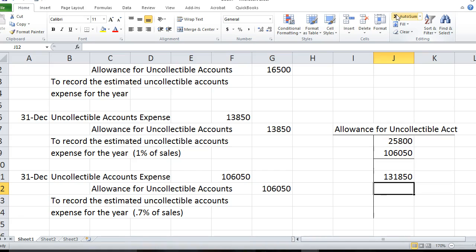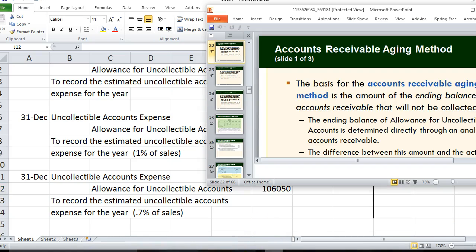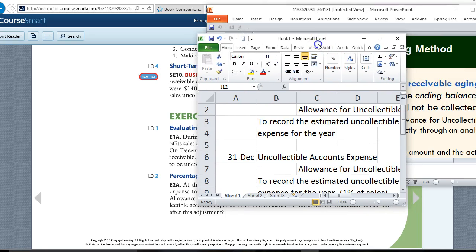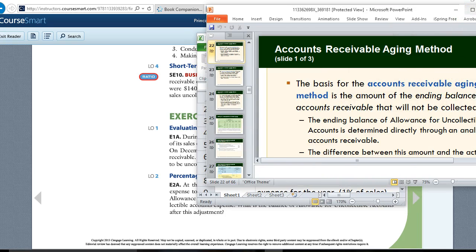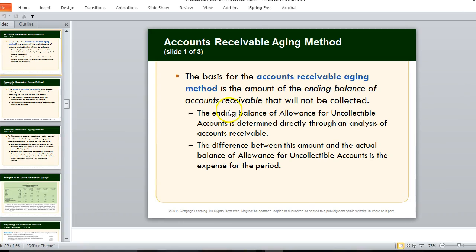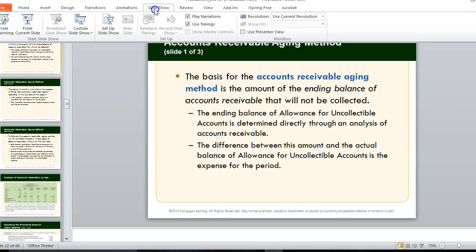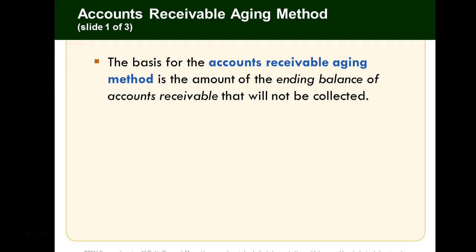Okay. Now, let's go back to the PowerPoint. The next method we're going to look at is called the aging method. This aging method is a little different. Maybe just a titch more complicated.